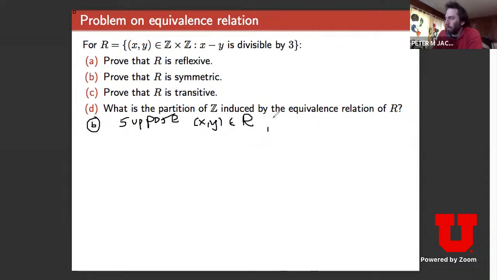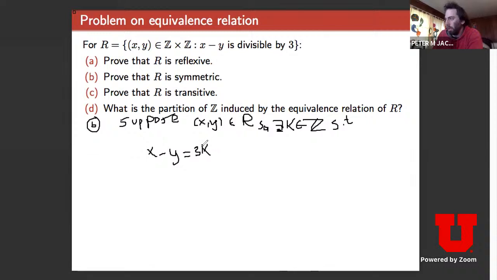So there exists an integer k in Z such that x minus y is equal to 3 times k.